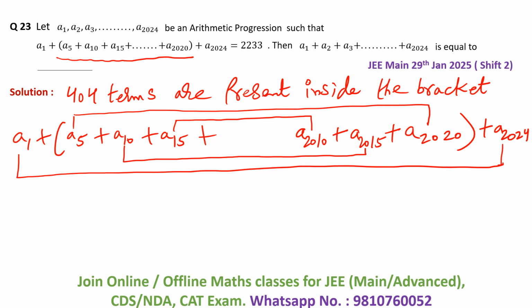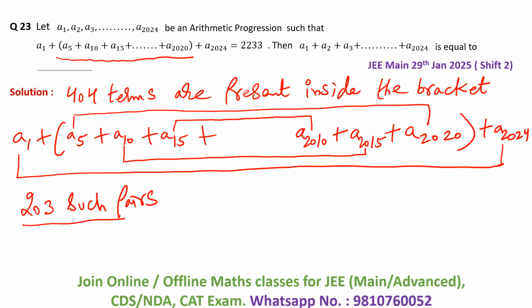Now, how many such pairs are there? Since there were 404 terms present inside the bracket and 2 terms outside the bracket inside the sum, in all we have 406 terms. So obviously 406 divided by 2, that means 203 such pairs.